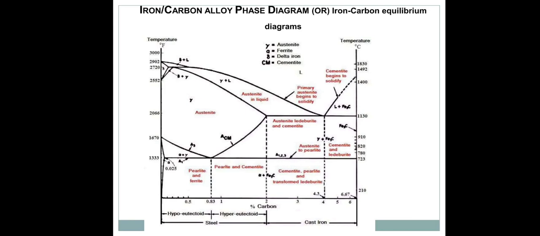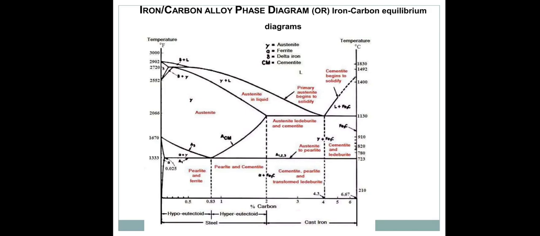In fact, iron and steel account for more than 90% of the total tonnage of all metals used today. Because of its outstanding commercial importance, the study of iron carbon alloy in detail is very essential for engineering.